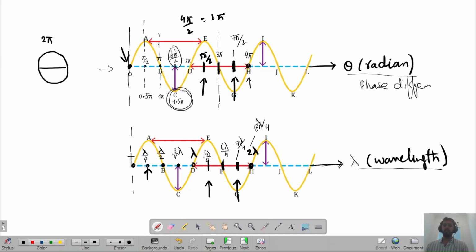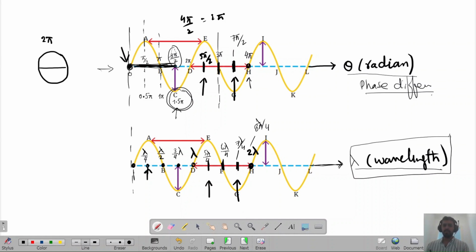Now the question is, which of the points on this graph, because we want to compare phase difference with path difference, which of the points here will correspond to the same phase difference of 1.5 pi radians, okay? So remember, we are starting from here, and this is the phase difference that we are talking about of 1.5 pi radians. So on this graph, you can see there are many possible answers.